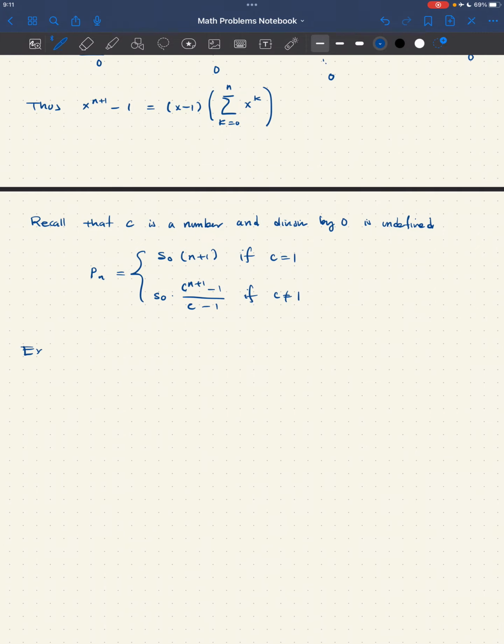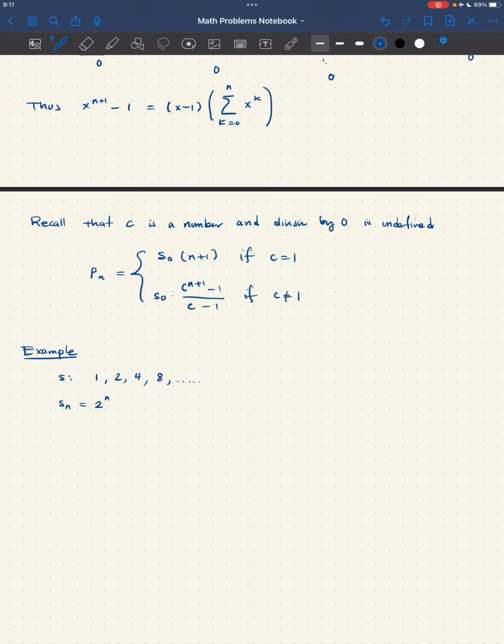So just a very, very basic example of the usage of this formula would be, if I have this geometric sequence representing the powers of 2, we know that the nth term of the sequence is simply 2 to the power of n.